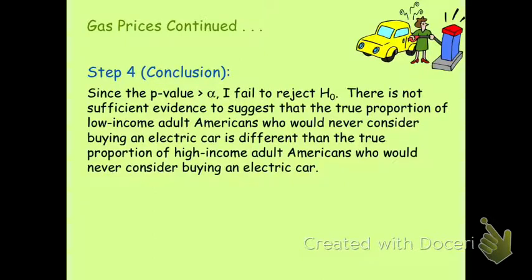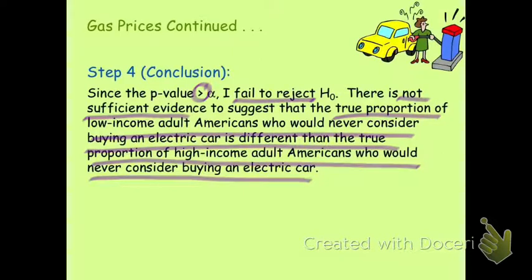So since P value is greater, I fail to reject. Then there is not sufficient evidence to suggest this whole thing right here. I know it's a lot, but it comes straight from the problem. So you are just copy and pasting it from the problem, except we can't copy and paste it. You have to write it all.